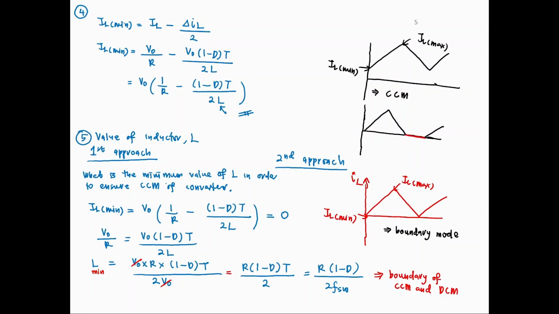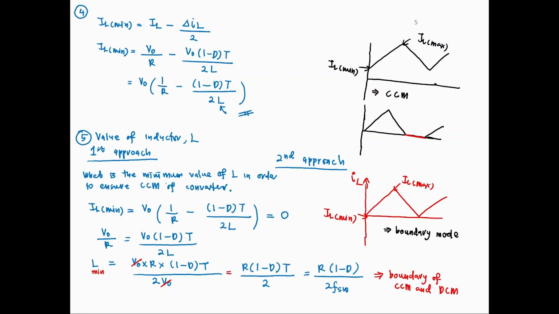So this is still in one cycle, but this is where your voltage equals to 0 and your current is equals to 0. Okay, so your converter will be in DCM, which is discontinuous conduction mode.